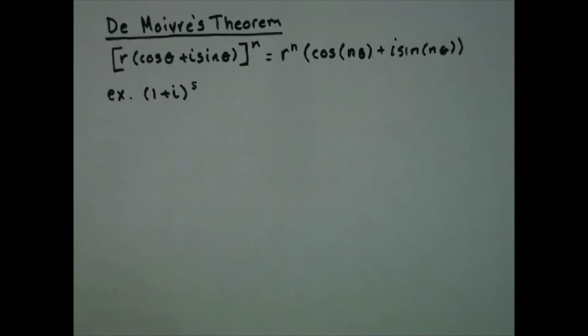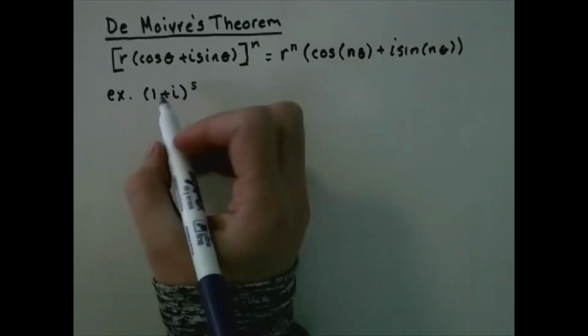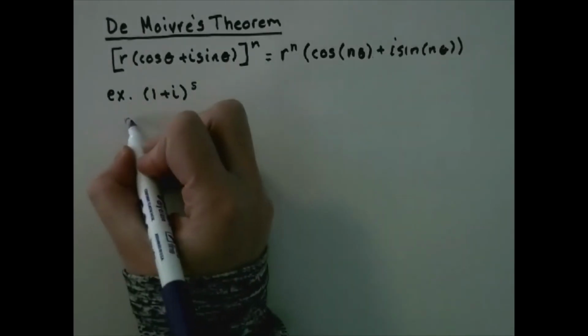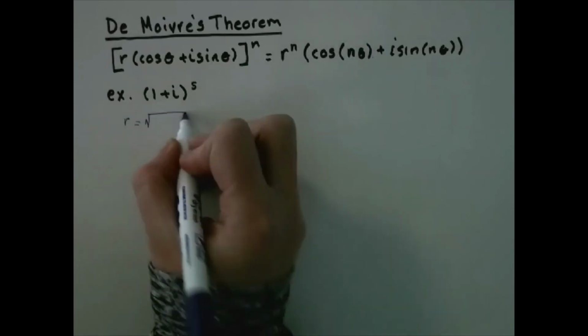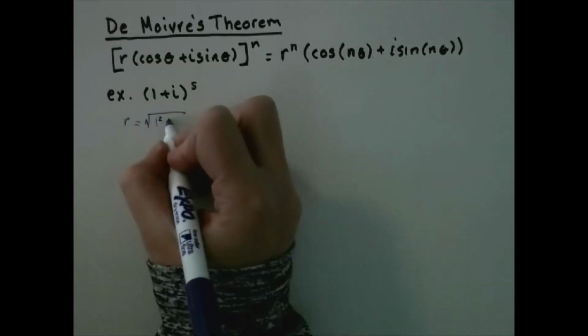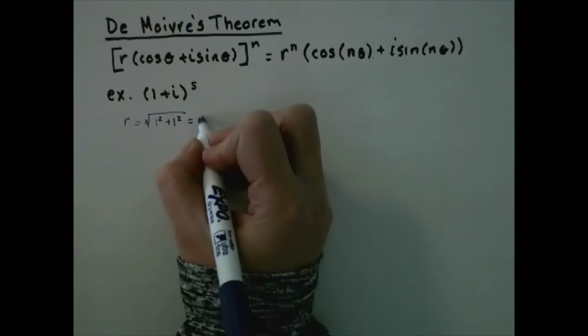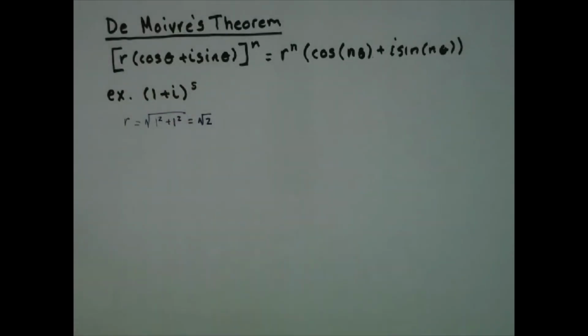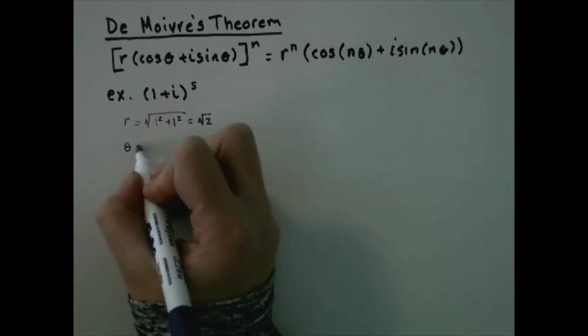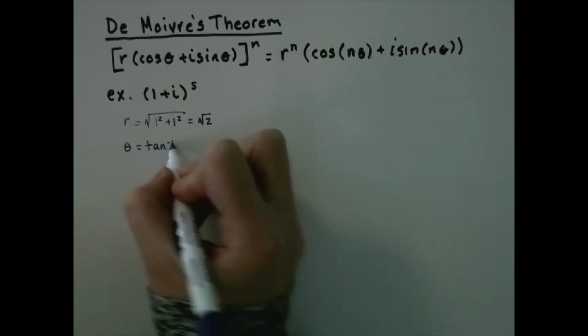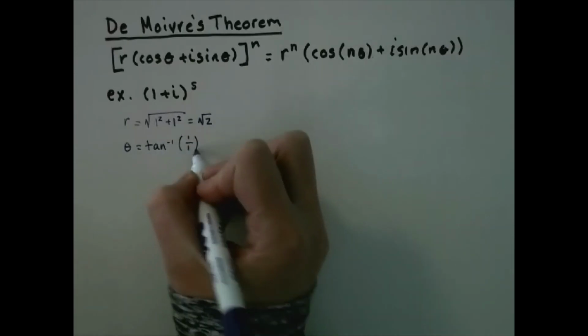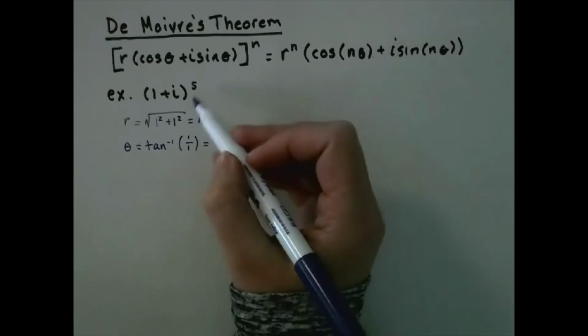Okay. So the first thing we need to do is convert to polar. So I'm going to take 1 plus i, get my r, which will be the square root of 1 squared plus 1 squared. So we get the square root of 2. Theta is going to be the tangent inverse of 1 over 1, which is 1.